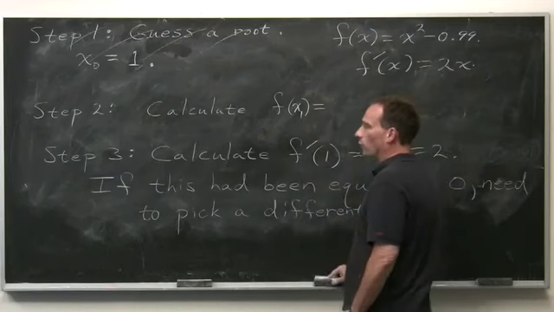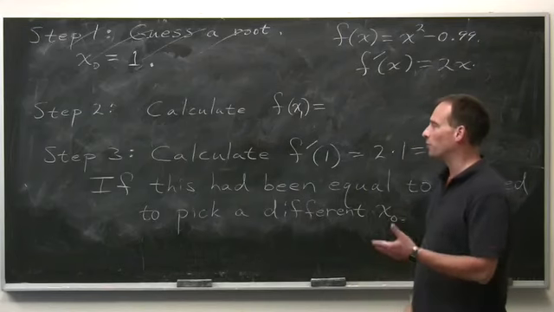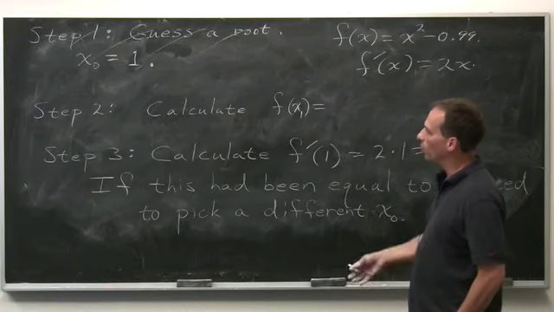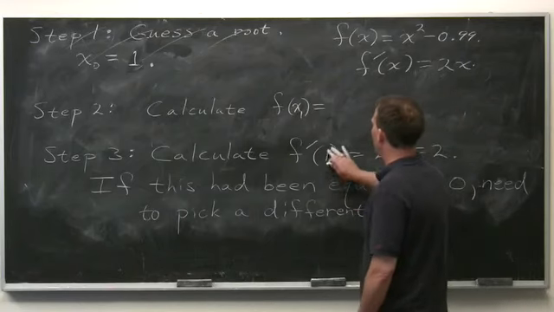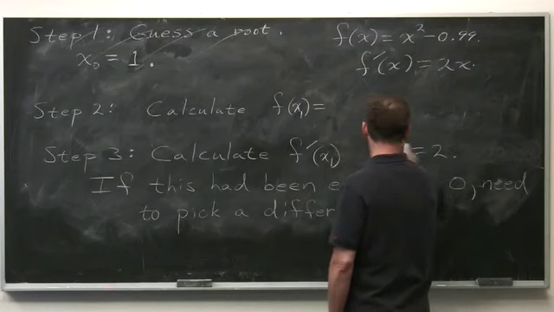And if it equals 0, great, you're finished, you found a root. Or if it's close enough to 0 for whatever purpose you have in mind, then stop at x1. We're going to do one more step, except I won't calculate the numbers, and then you'd calculate f prime at x1, and you make sure that it's not 0.